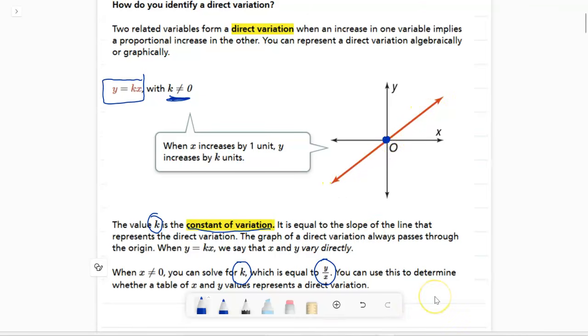And then I want you to write down k equals y divided by x. So if we ever want to find out what k is, you take the y and divide it by the x. Pause the video and write those notes down.